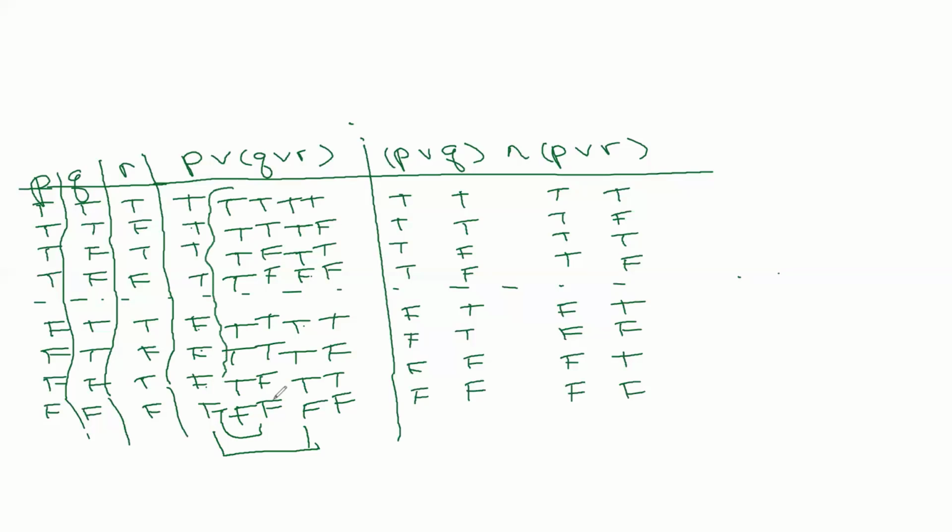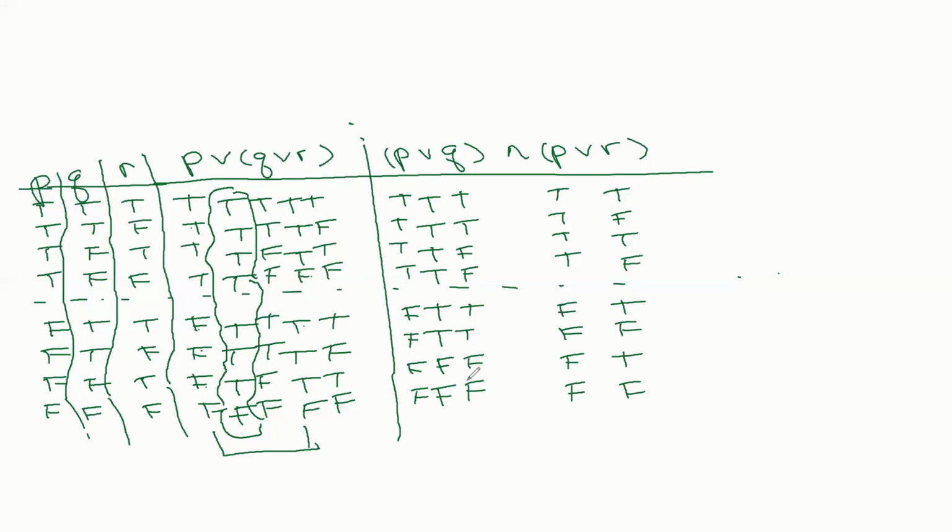for our first statement, P or, parentheses, Q or R. So we have all trues except for the bottom false. Okay, we go over here and do our first parentheses, P or Q: true or true, true, true or true, true, true or false, true, true or false, true, false or true, true, false or true, true, false or false, false, false or false, false.